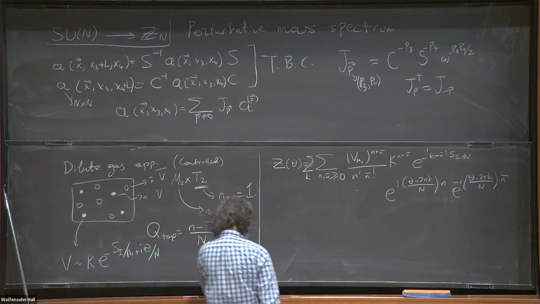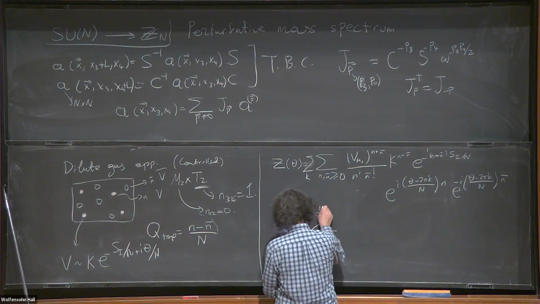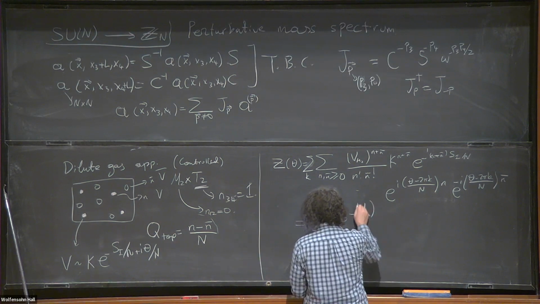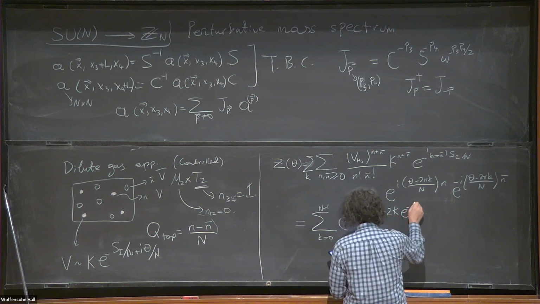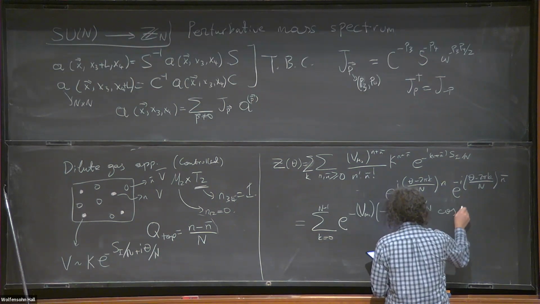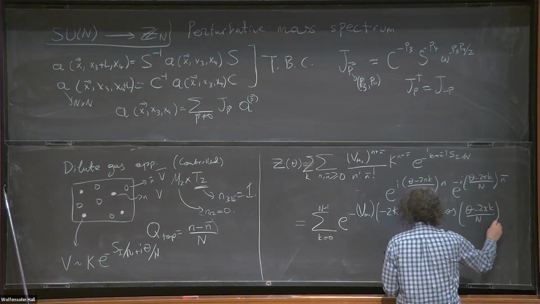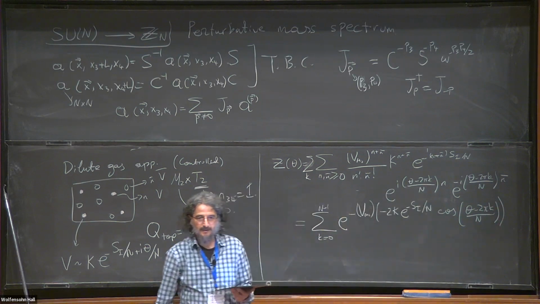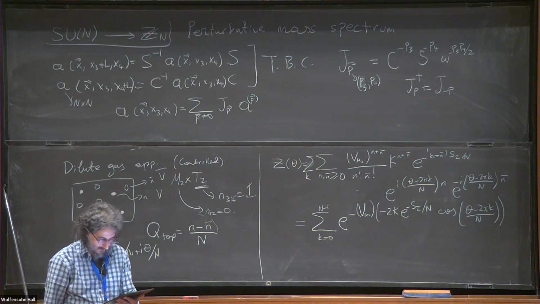So this is equal to the sum over k equals 0 to n minus 1 of exponential minus volume of M2 times exponential minus S instanton divided by n cosine of θ minus 2πk divided by n. And we obtain exactly the same multi-branch structure as we did earlier.